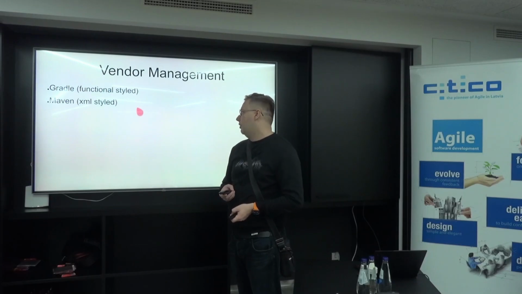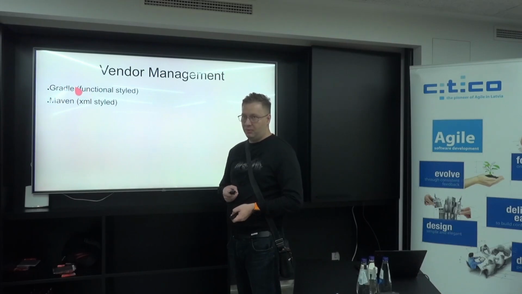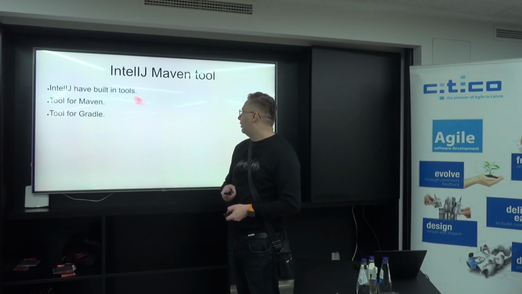Most developers like Gradle. I don't know why, maybe because it's newer, and it's more stable from the perspective of the project that I was working on. I don't know the reason, but for Maven I have seen many more bugs than with Gradle. Yes, it's probably that. Okay.